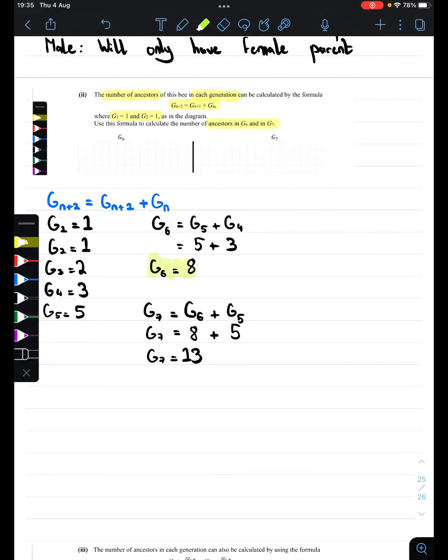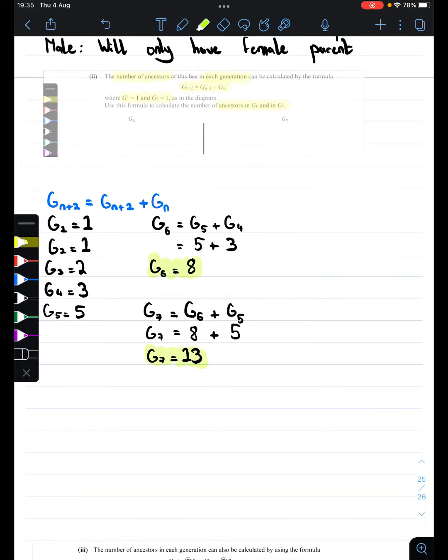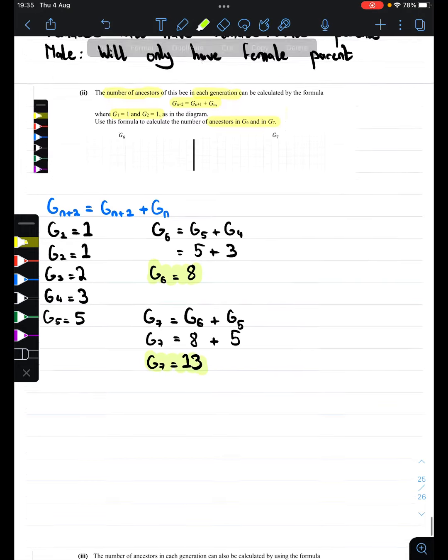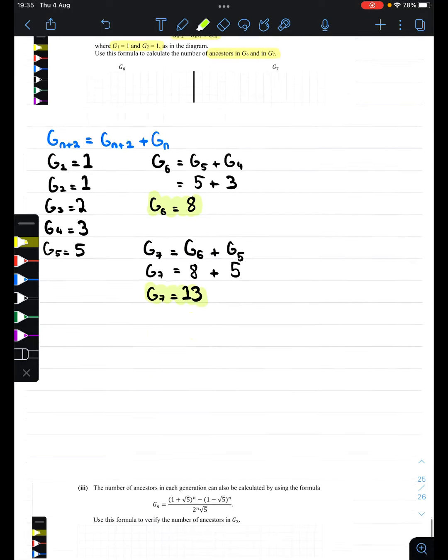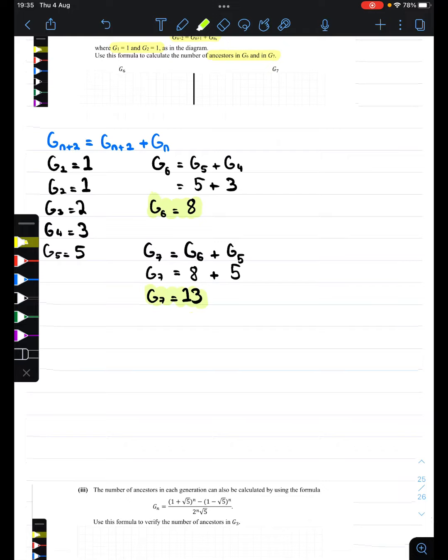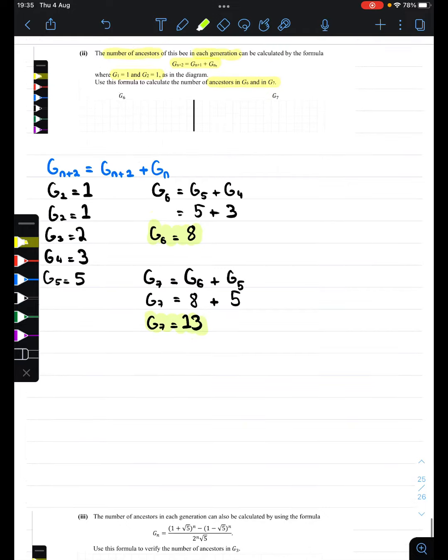And now you might actually notice something interesting here. Some of you might be familiar with this sequence. It's called the Fibonacci sequence, where the value of each term is equal to the sum of the previous two terms, and it's very closely related to the golden ratio, which is a ratio of about 1.618.